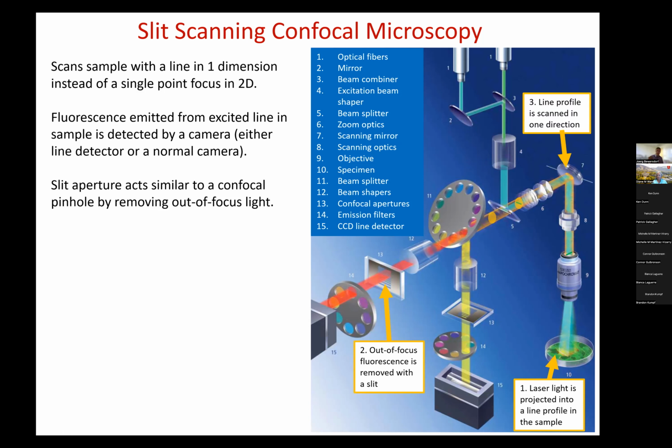We don't need to scan in 2 dimensions across the sample back and forth, and we can either use a regular camera to detect our fluorescence and scan that line profile across the camera as we do with a spinning disk microscope, or we use a line detection camera, which only consists of a line.